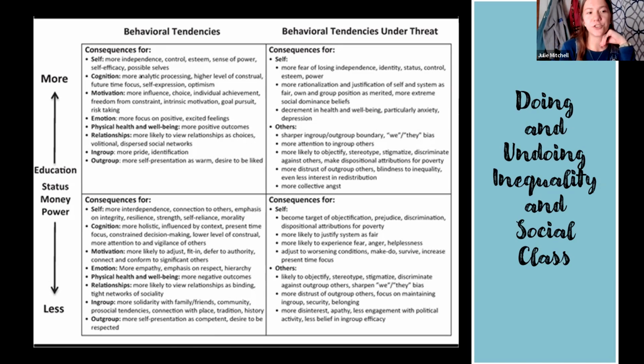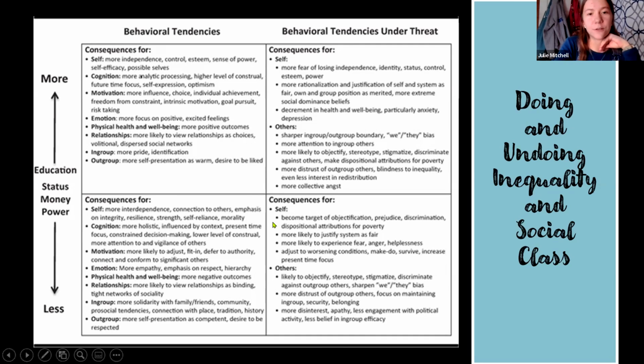And as you can see in this chart, they have people with more education, status, money, and power, and those with less. And there are consequences that come with both. So I thought it was very interesting to see it from both an upper class standpoint and a lower class standpoint. So even just on this left-hand side of the chart, you can see that the self, cognition, motivation, emotion, physical health and well-being, relationships, and the in-group and out-group are all impacted.